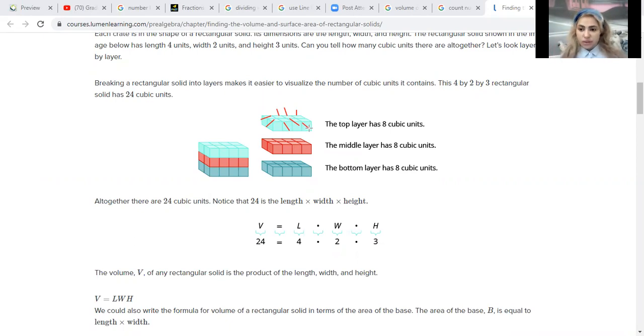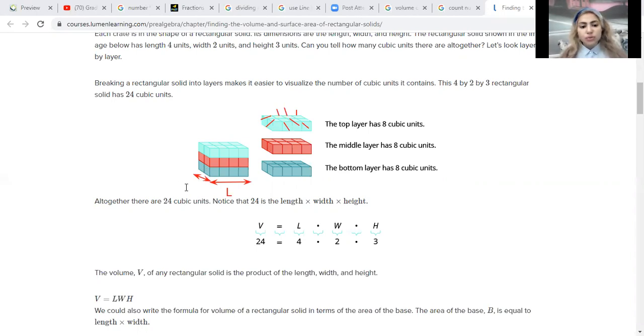I have 3 layers. If I want to know the volume, my volume is equal to length multiply width multiply height. What's my length? This is my length. In every shape, the length is the longest measure. What is my width? Let's count how many cubic units: 1, 2.